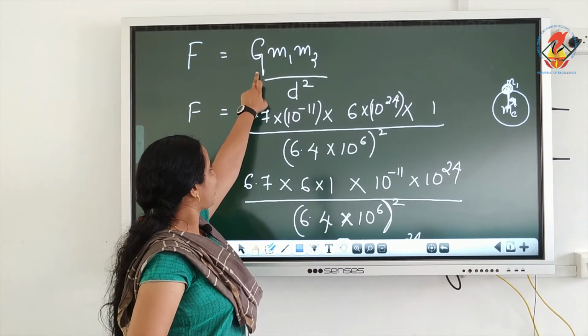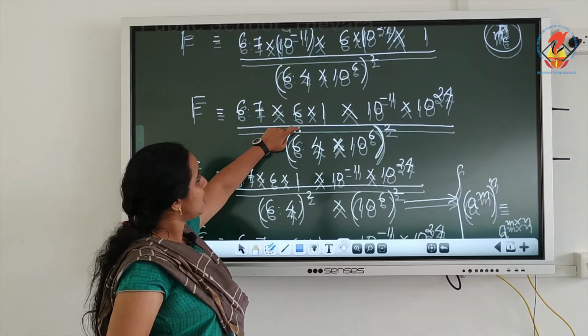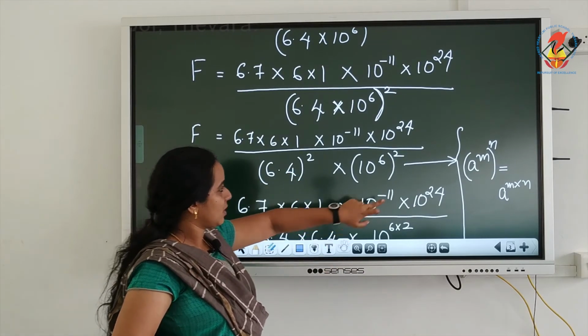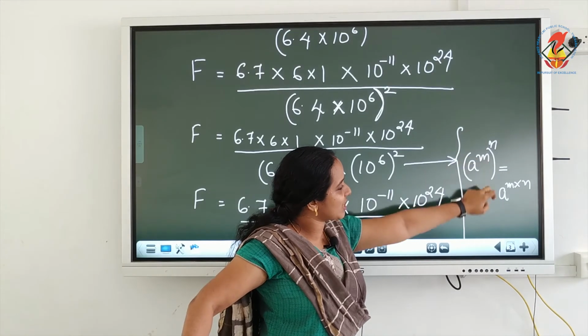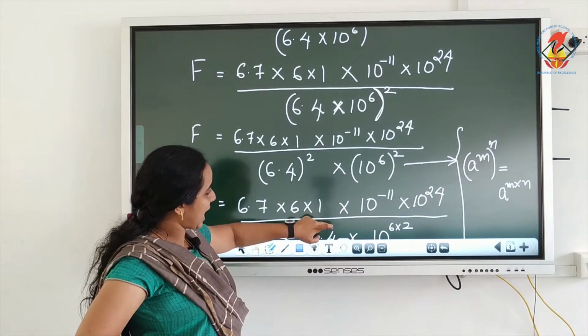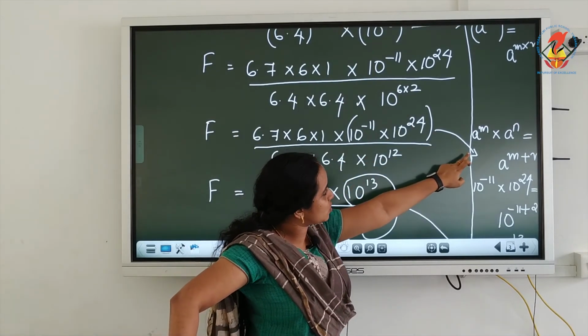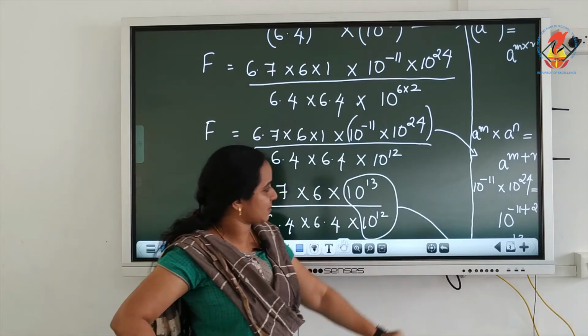The value of capital letter G is a constant. Now first try to solve the exponent part first. For that you make use of the formula a raised to m whole raised to n is a raised to m into n. Then again you need to make use of the formula a raised to m into a raised to n is a raised to m plus n.